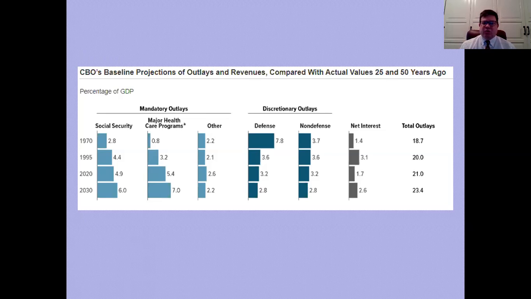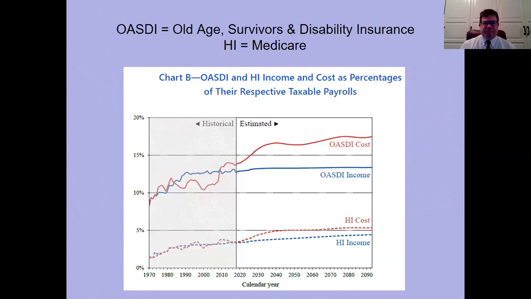And the net interest will continue to rise as well. If you take a look at the full overall picture in the right-hand corner, government has grown substantially since the 1970s, going from about 18.7% of our economy to a projected 23.4% by the time we hit 2030.